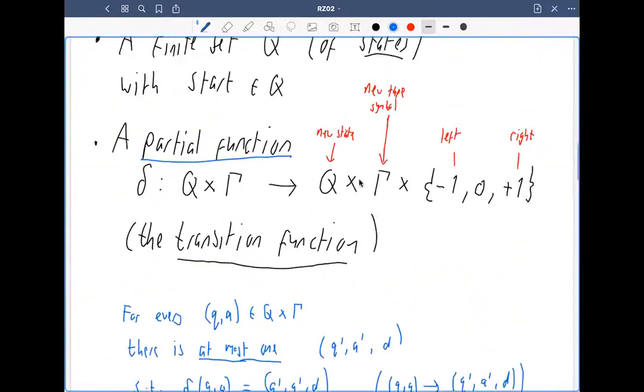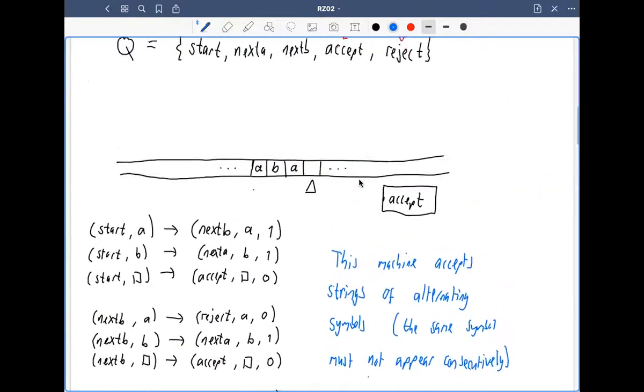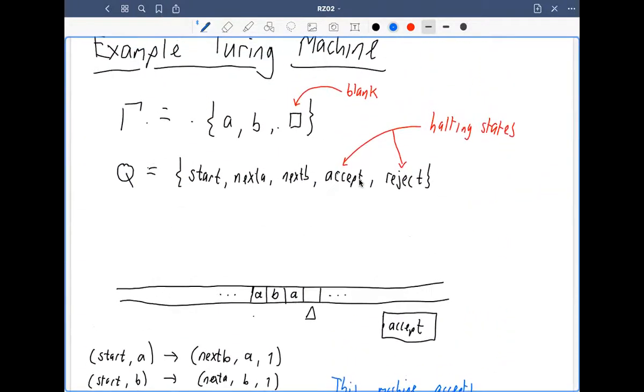So in the case of our machine, if we go back to it, we don't want our input words to contain the blank symbol. In fact, we never want our input words to contain the blank symbol. The blank symbol is sort of padding out the space on the tape. And if the input word doesn't contain the blank, we can go to the first blank and we know we've got to the end of the input word. We can go to the right to the blank. So we can use the blank as a way of detecting the end of the input word.